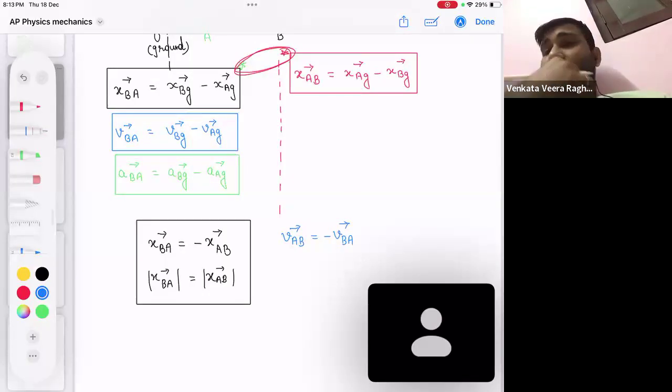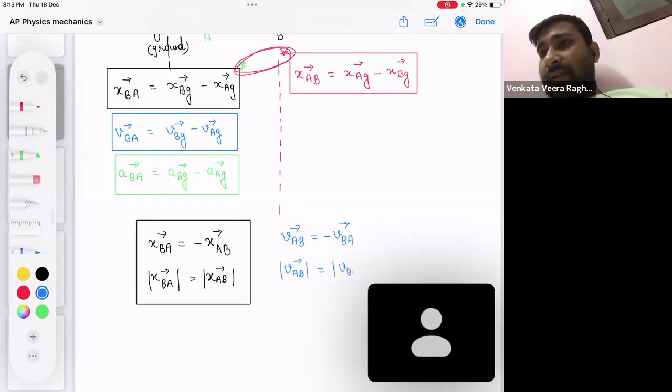Magnitude wise, no change, and direction wise, opposite of each other. Clear? And if I compare the magnitude of these two vectors, velocity of A with respect to B is going to be equal.